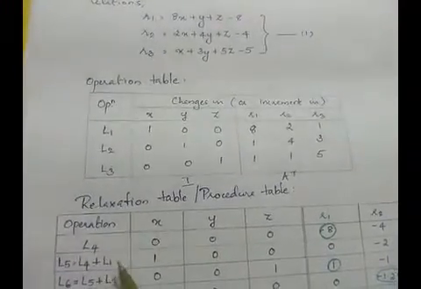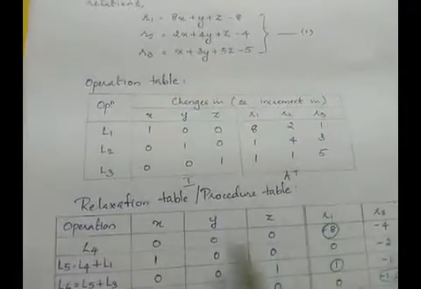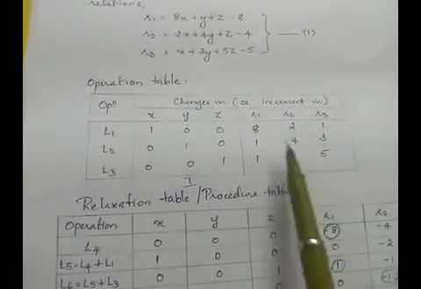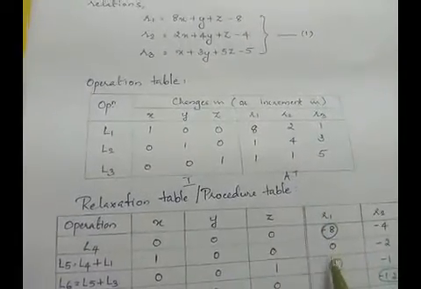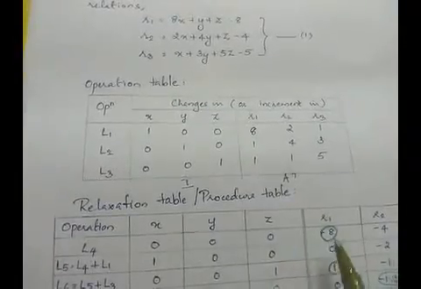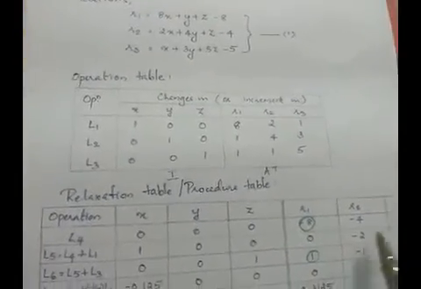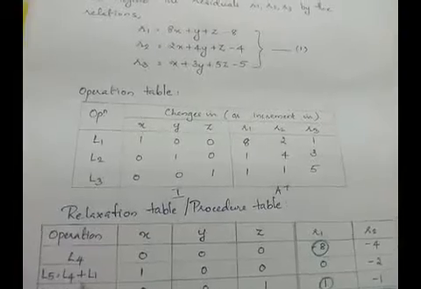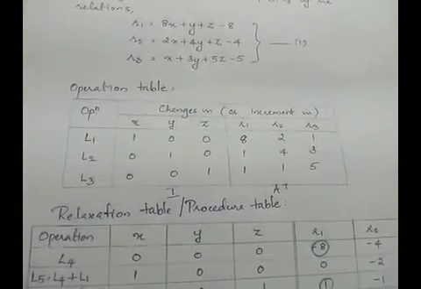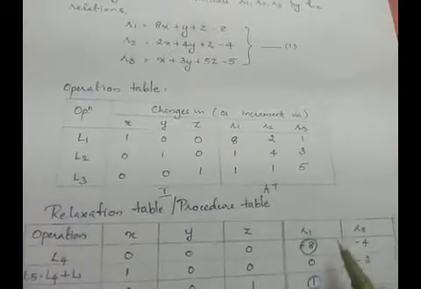So the operation is L4 plus L1. So L4 plus L1 means -8 plus 8 will give us 0. So this should be done to all the residuals. Okay, so then we have got the equation L5 equal to L4 plus L1, and then using this equation, only the residual part will be changed.